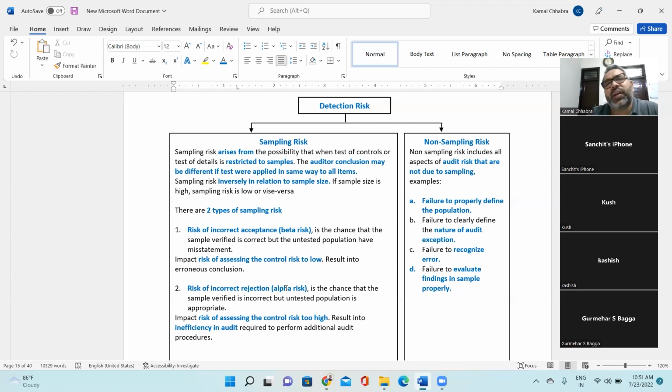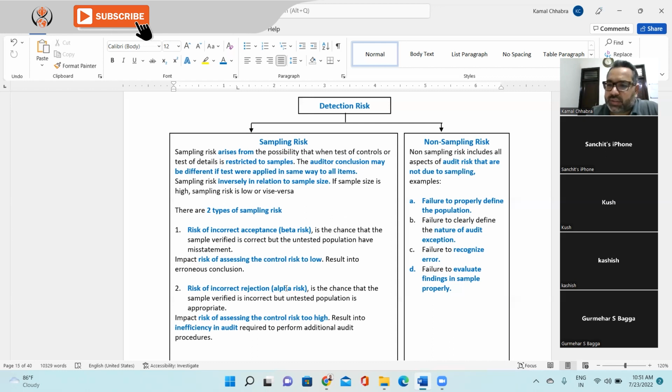Whereas actually there might be some issue in the rest of the population which has not been selected as a sample. That is called a risk of incorrect acceptance, or beta risk. Why is this called incorrect acceptance? Because you accepted on the basis of the samples, but there have been untested items where there's a problem.